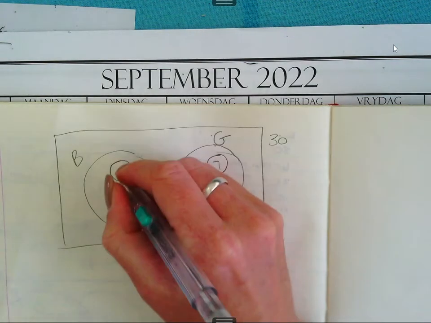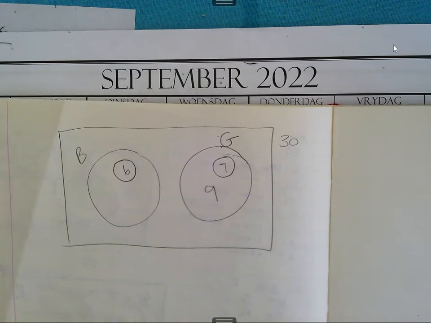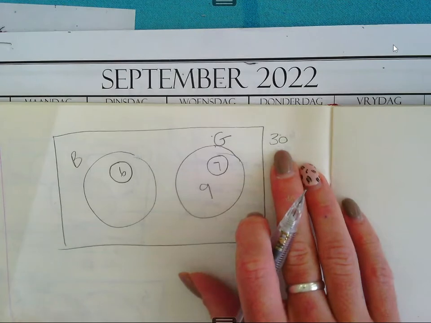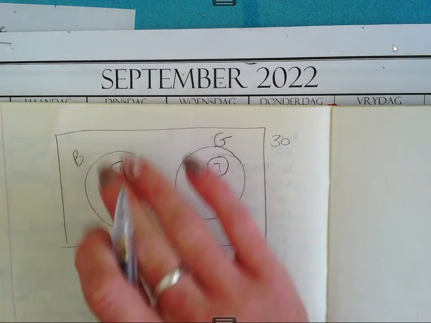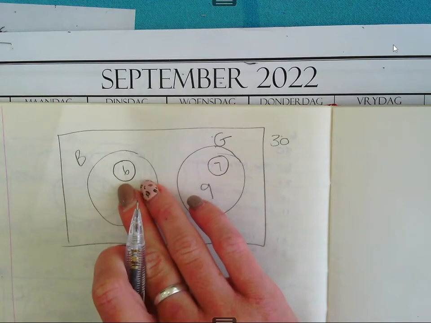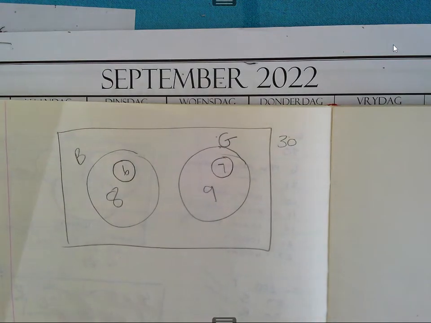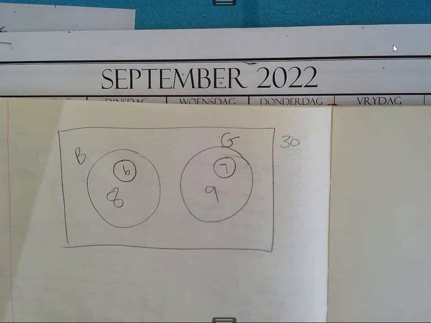And they say 6 of the boys have blue eyes. So how many boys are there in total? The total is 30. There are 16 girls. So how many boys? 14. 6 of them have got blue eyes, so 8 don't have blue eyes. And then that's the whole set up of the kids in a Venn diagram.